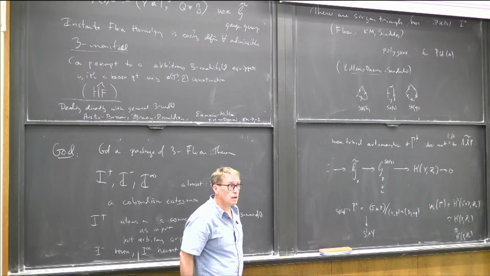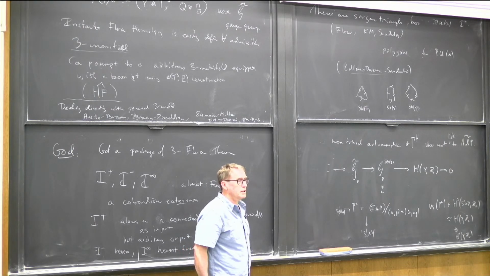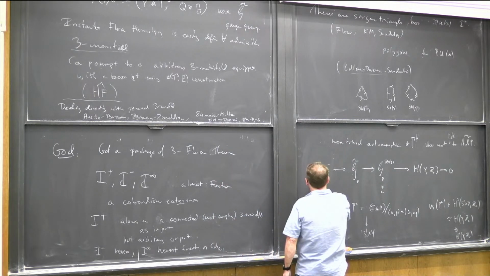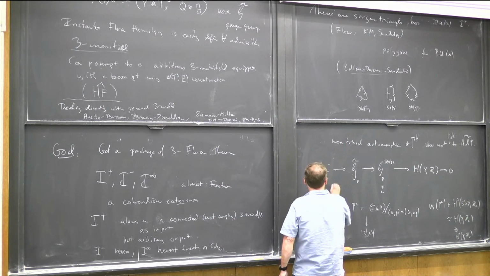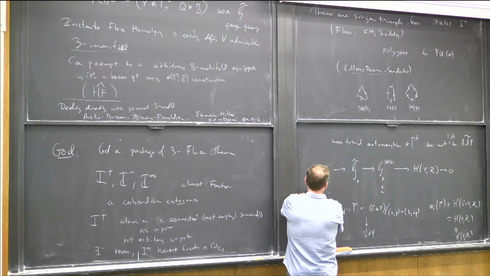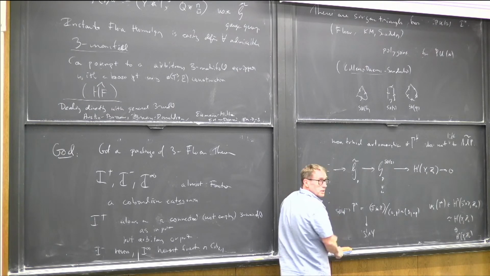It's more than a long exact sequence. If you want to know the SU3 homology, you need to know the chains for three of them, and then a mapping cone and another mapping cone.